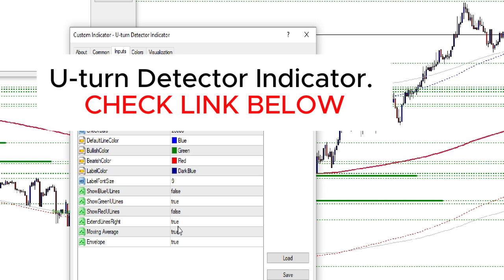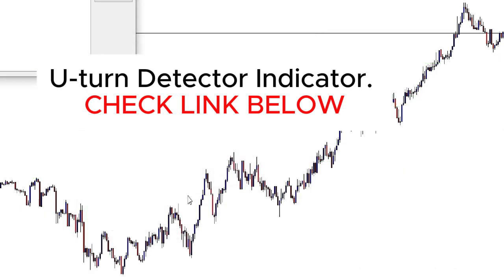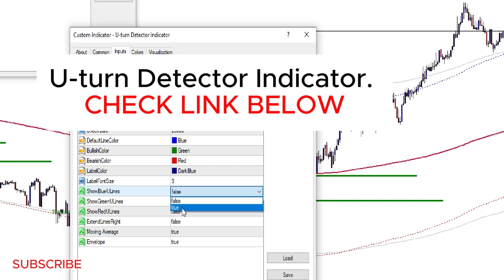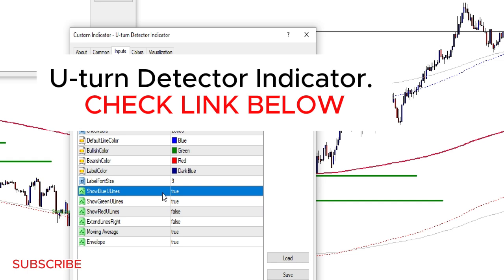Okay, let's go back to the input and see what else we can set here. We have the option to show the green lines. Before that, let me choose not to extend the lines for now, so that we have a clear chart. Let's go back now. You can choose to show the green line. Also we can choose to show the blue line.